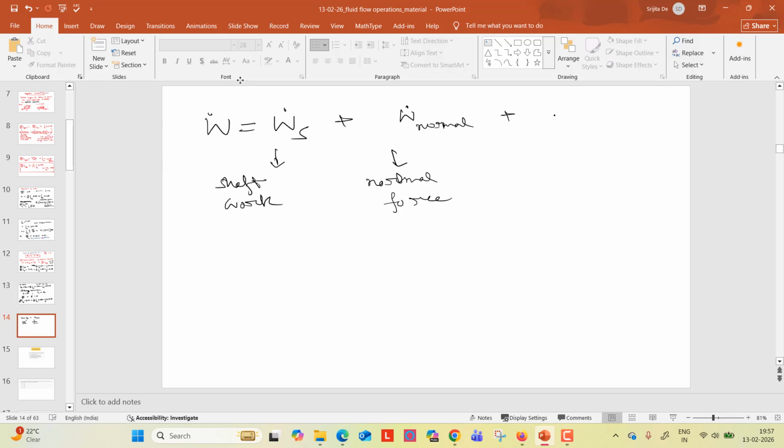Next comes W shear, work done by shear force. And the fourth one is W other, all other works.